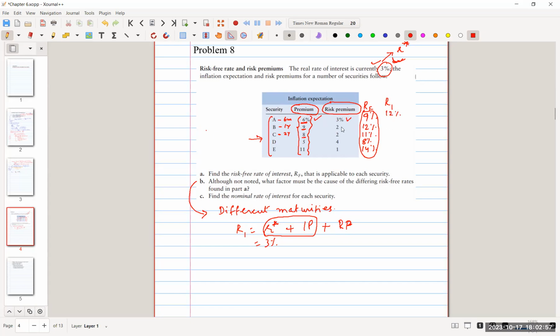Likewise, we have a risk-free rate of 12% here, plus the risk premium, that gives us 14%, and like that. This is 11 plus 2, 13%. This is 8 plus 4, 12%. This is 14 plus 1, 15%. So like that, pretty straightforward.